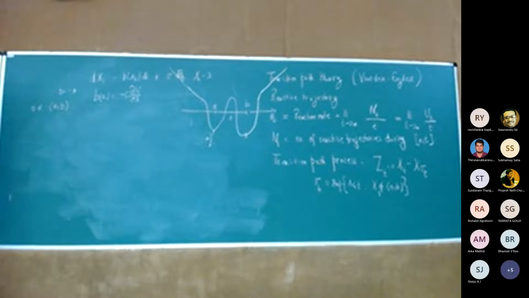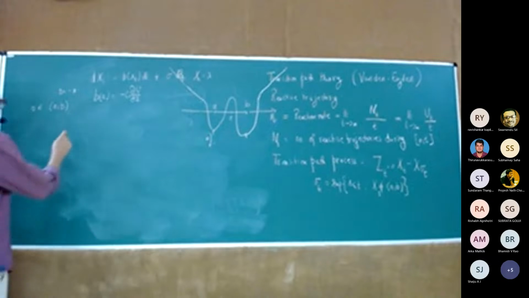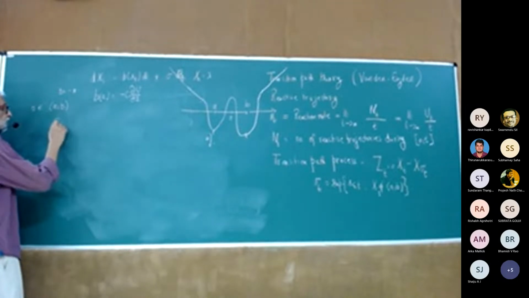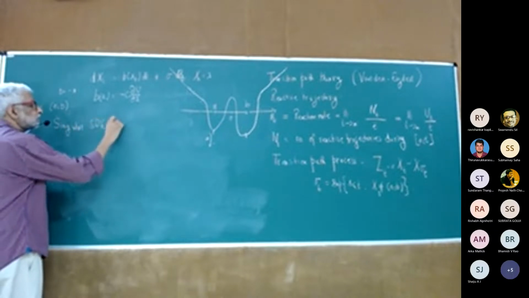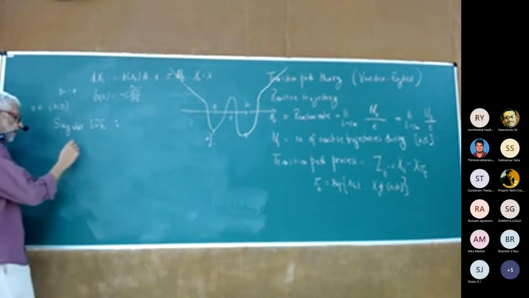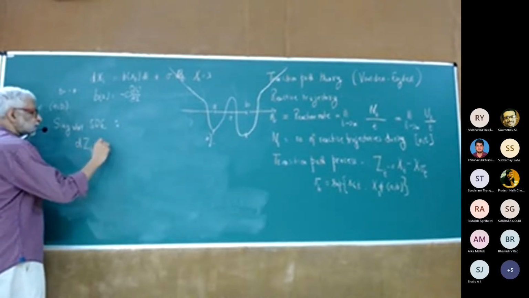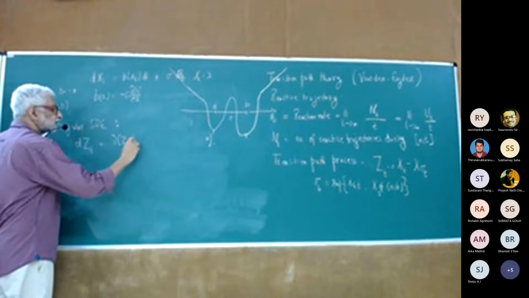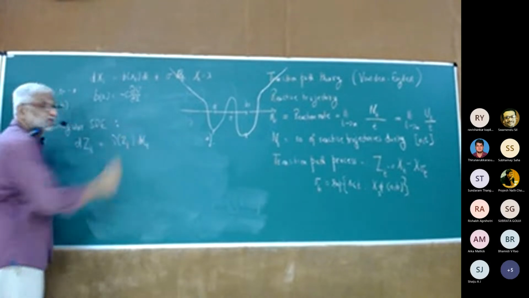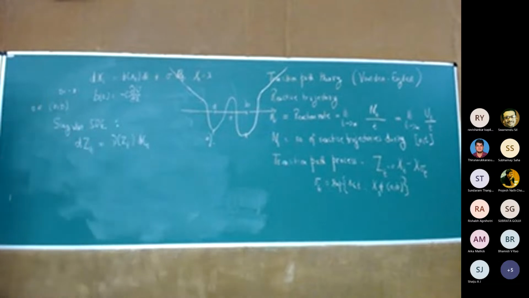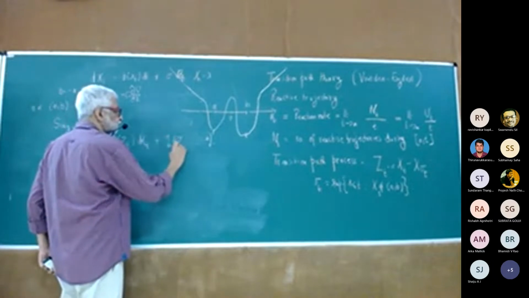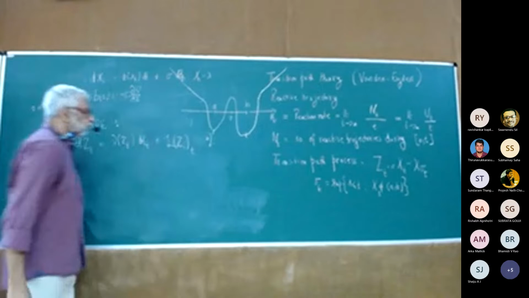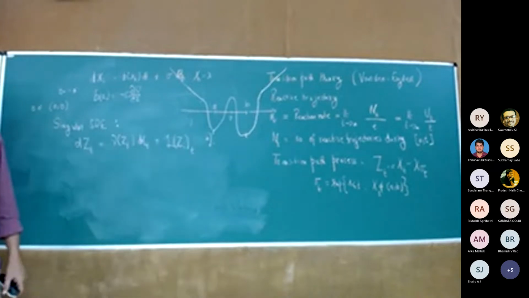Now ZT satisfies a stochastic differential equation, and that's as follows. dZT equals nu of ZT dXT. So it's driven by the process X. And L of ZT is 0.